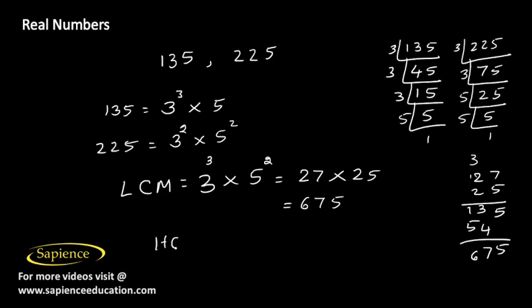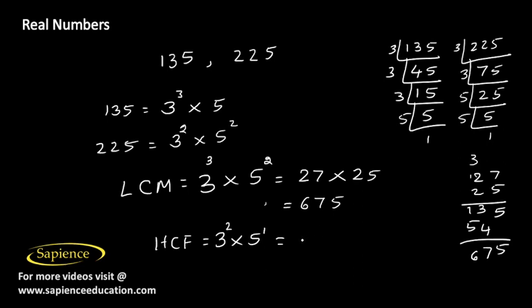Now for HCF, the common factors are 3 and 5. Both are common for both of the numbers. After we write down the common factors, we need to choose the power which is the lowest and common for both of them. So for 5 the common power is 1, and for 3 the smallest power is 2.